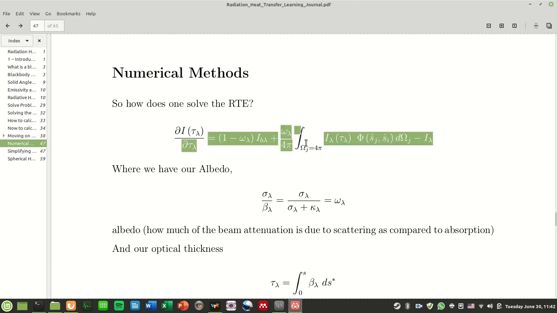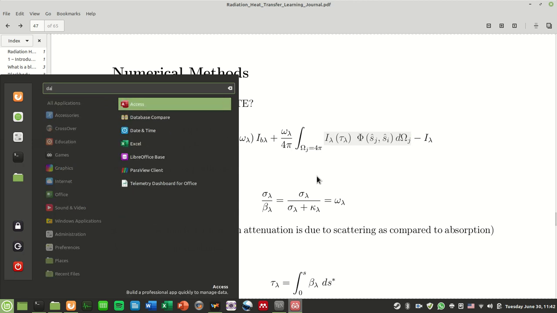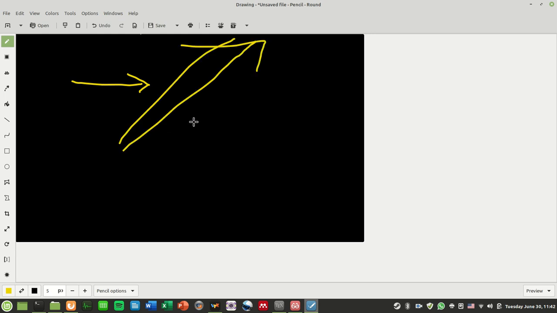If there is scattering in from other angles, for example, let's take out the drawing tool. So instead of Paint, we have a drawing tool now. This is Linux. Let's say you have some radiation going this way, and this is your direction of consideration.